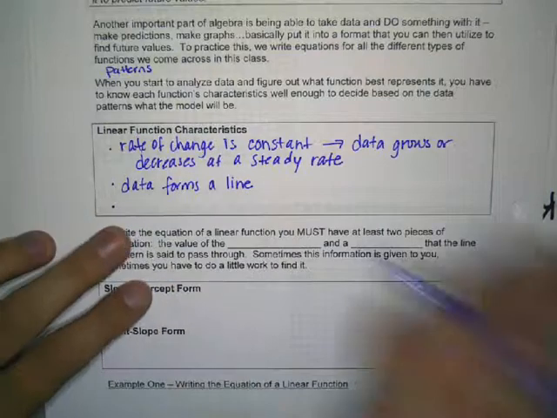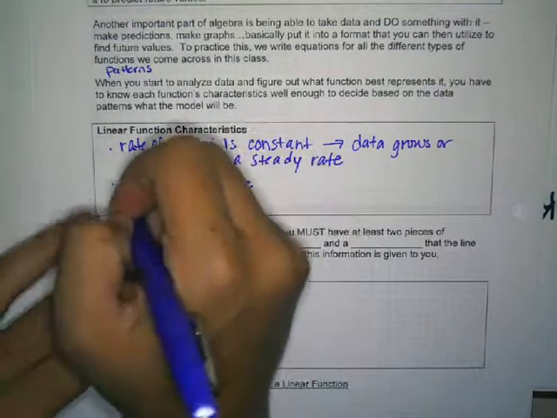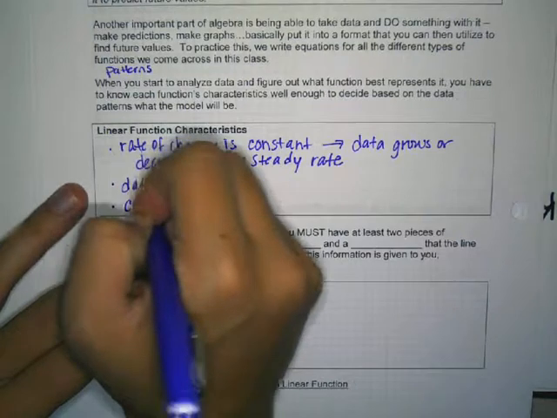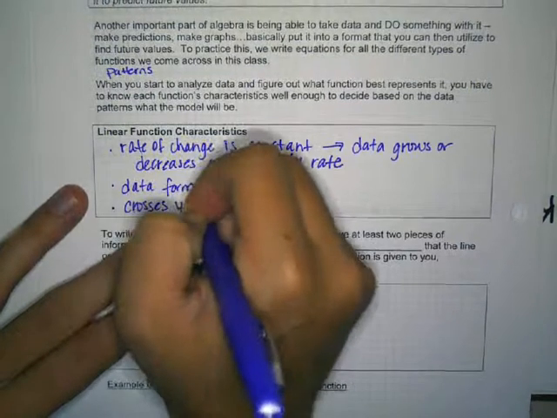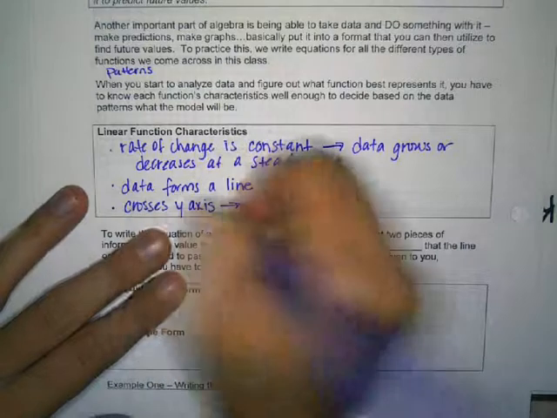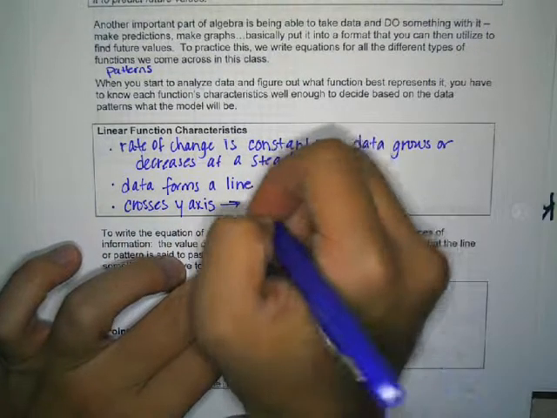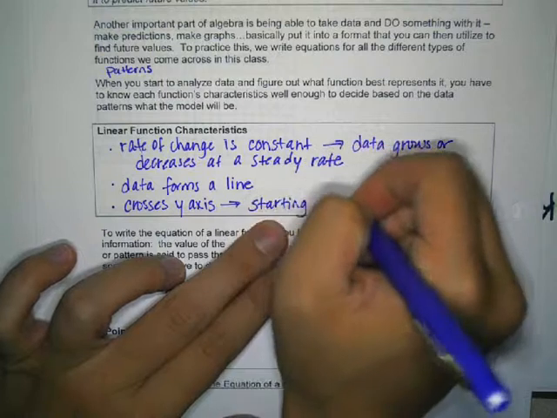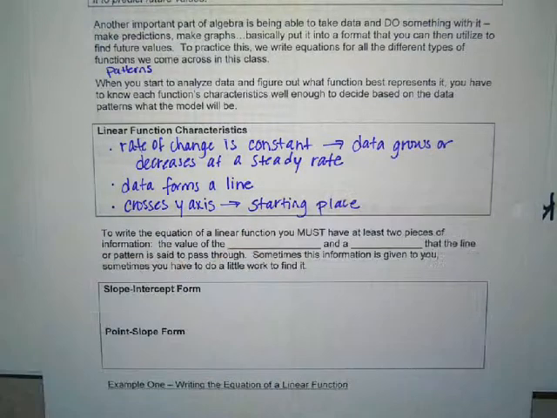Another characteristic is that it crosses the y-axis. What that means is that you have a starting point for your data. So at time equals 0, you do have some sort of y value.